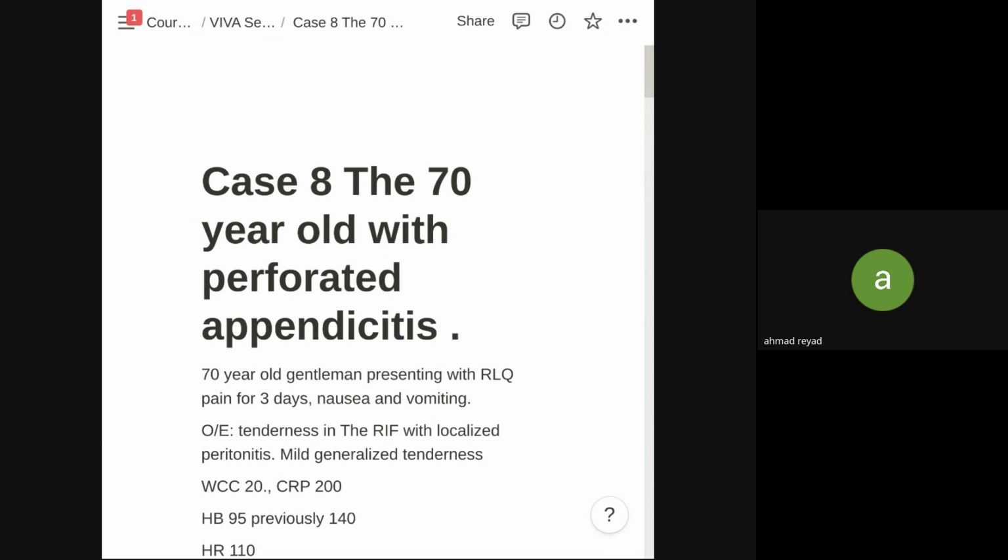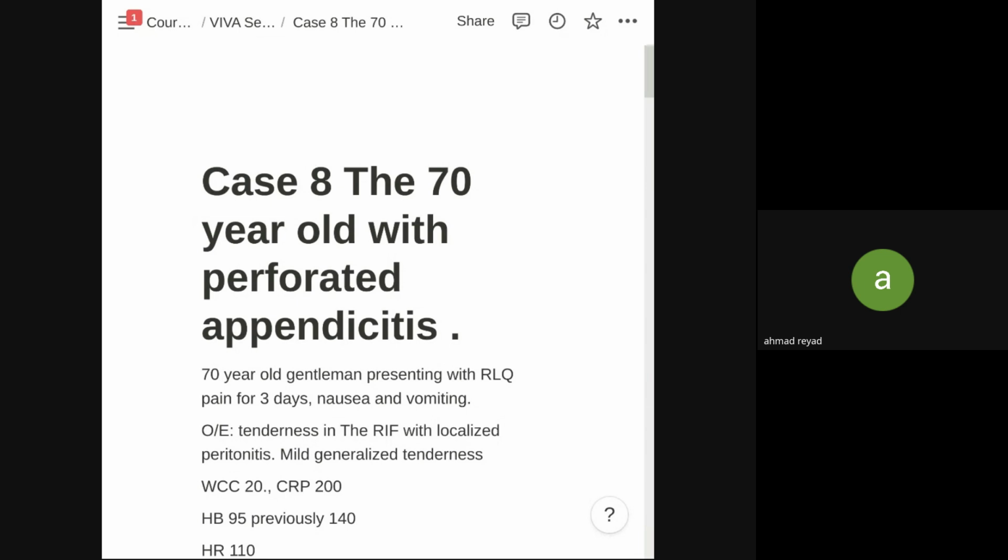And then, first of all, history and examination. Considering he's 70, although this is an acute emergency, I will ask for the classical pain symptoms associated with appendicitis, but I would also ask briefly regarding a history of bowel cancer, weight loss, anemia, bleeding per rectum, family history of bowel cancer, the last colonoscopy, and whether he joined the bowel cancer screening program or not.